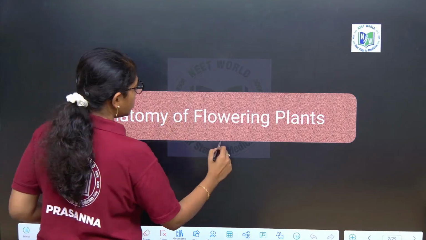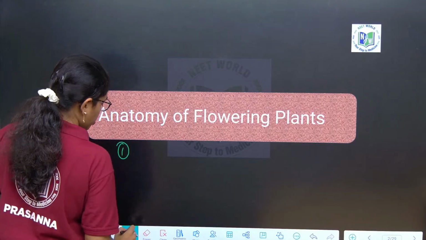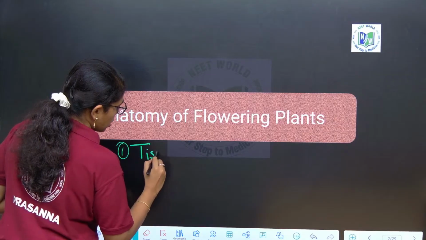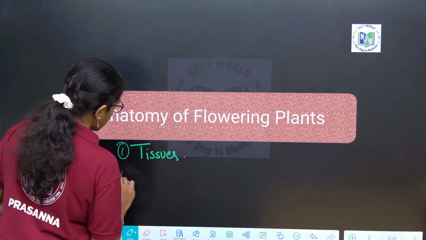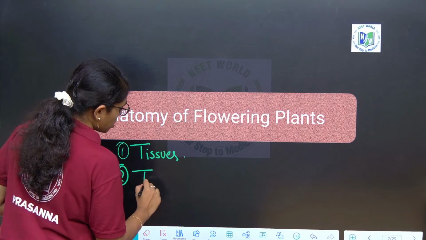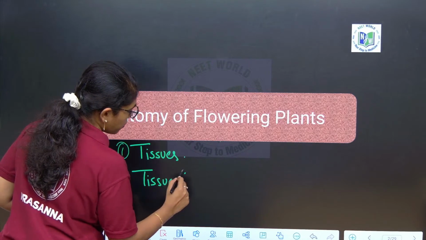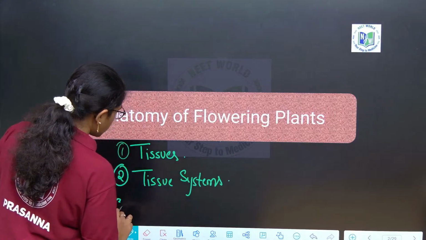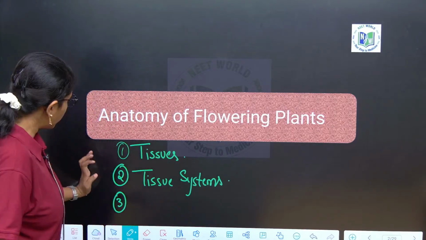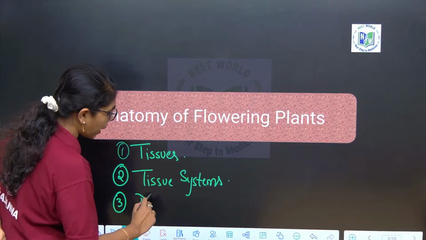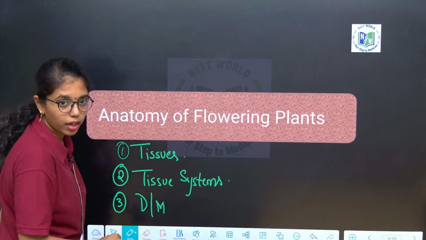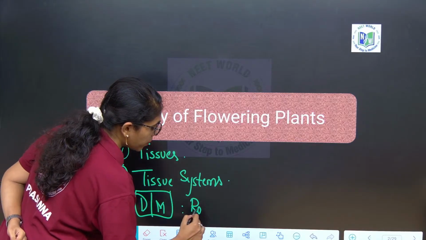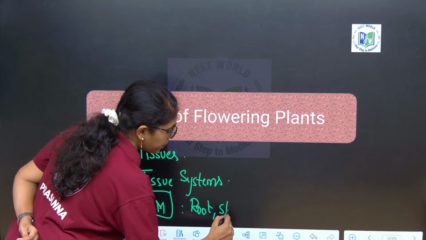First is tissues, second segment is tissue systems, and third segment is learning dicot and monocot comparatively, for root, stem, leaf.